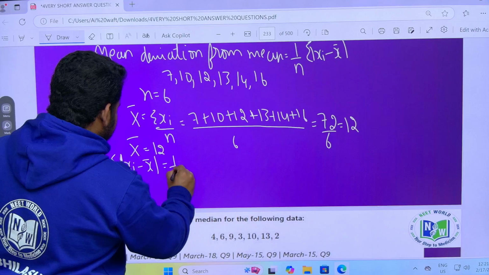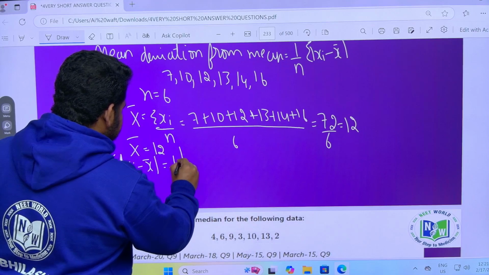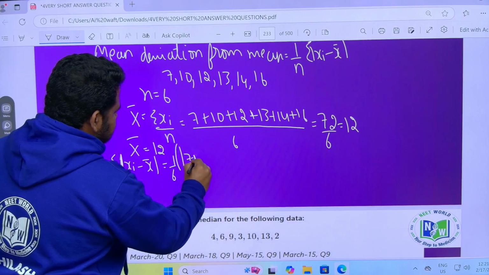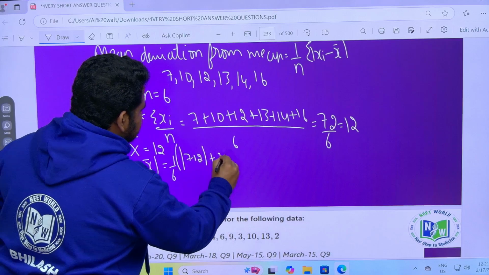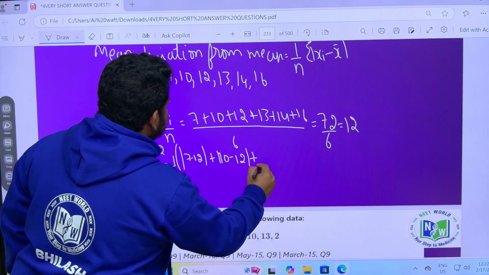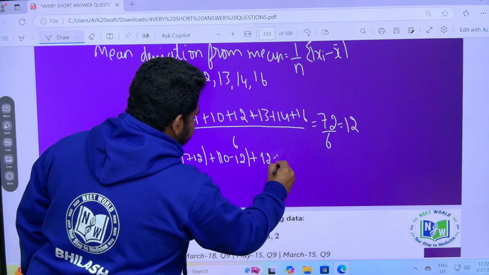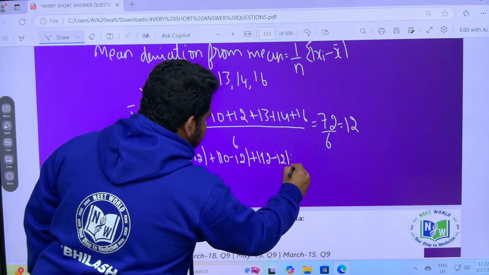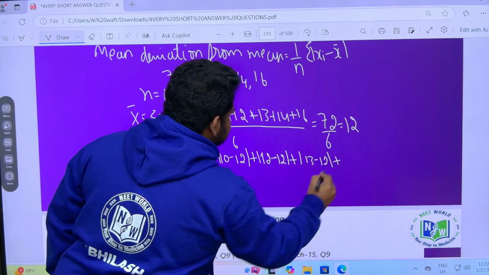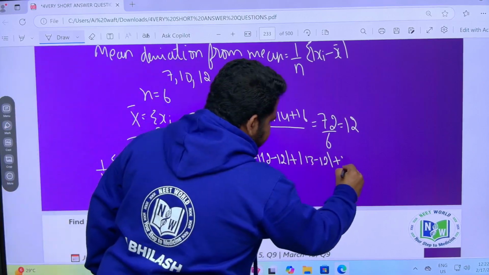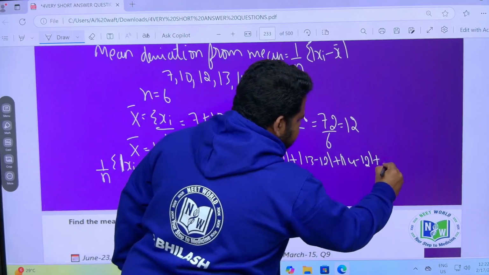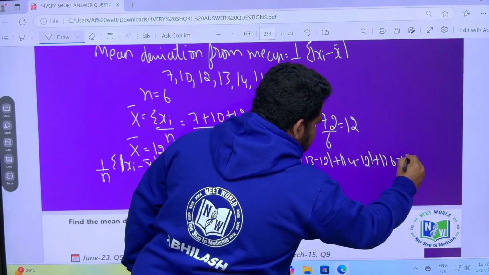So that we will get as 1 by 6 into xi minus x bar, that is in the bracket I will write 7 minus 12 plus 10 minus 12, next plus 12 minus 12 plus 13 minus 12 within modulus, plus 14 minus 12, plus 16 minus 12 within modulus.